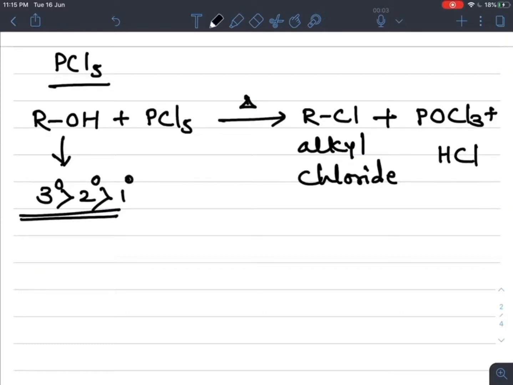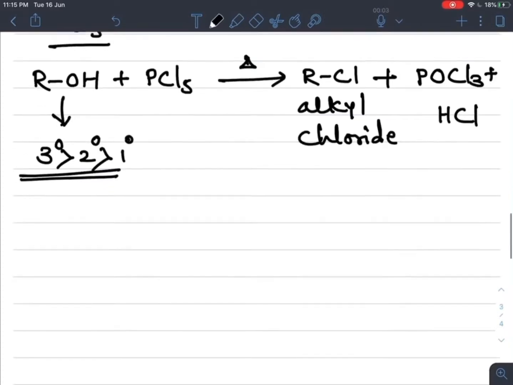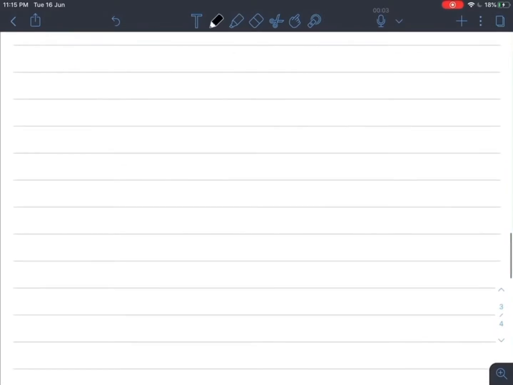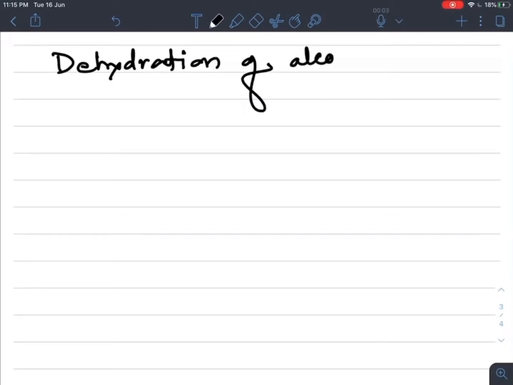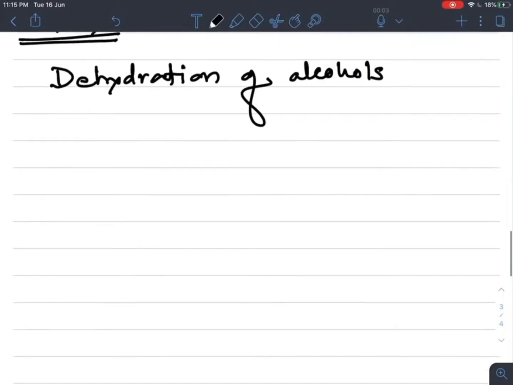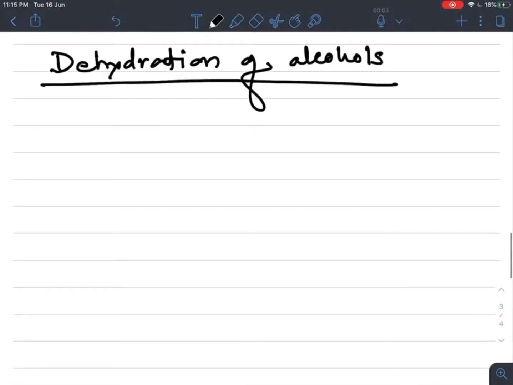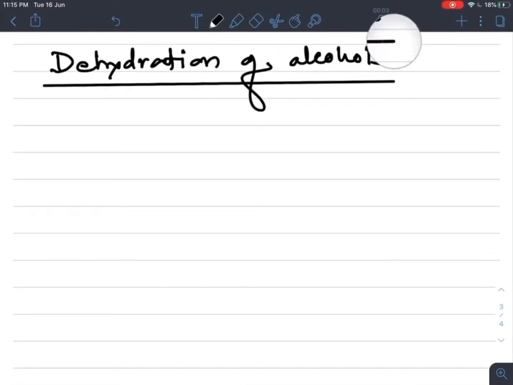Now the next part, and the most important part, of the reactions of alcohol is dehydration of alcohols. So when alcohols undergo dehydration, what is meant by dehydration?